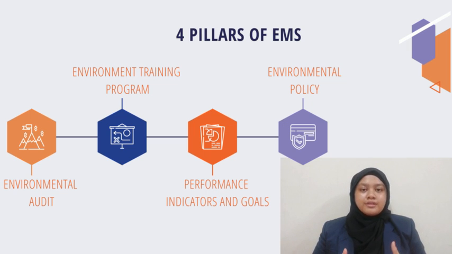The fourth pillar of EMS adoption is environmental audit. Environmental audit is vital since it serves the organization by periodically evaluating and recommending appropriate solutions and corrective measures. There are various forms of environmental audit depending on the standard used and the audit's objective. Environmental audit is used to investigate, understand, and identify. These are used to help improve existing human activities with the aim to reduce the adverse effects of these activities on the environment.